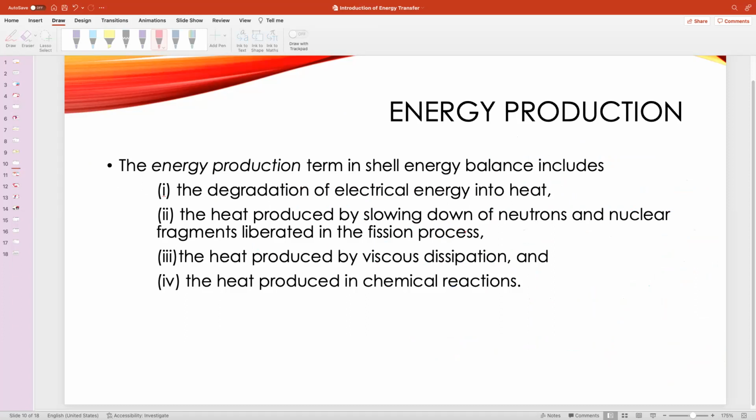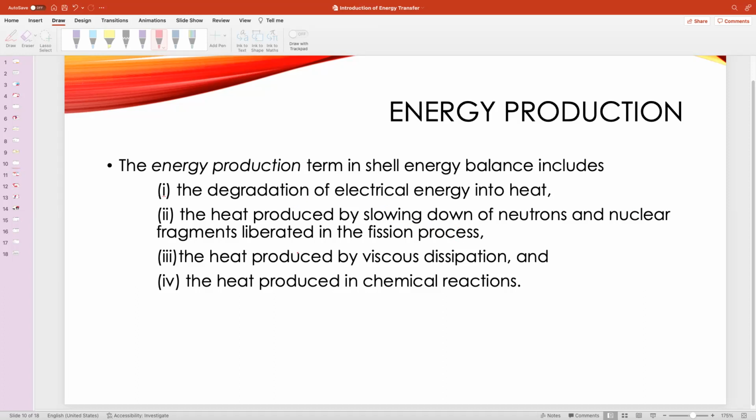If you have fluids, like lubricant, between two rotary equipment, and you rotate the parts, sometimes the fluid becomes hot. It's because of the viscous dissipation. That's also the same. If, for example, a fission process, a nuclear process, generates heat, the heat will be transferred in the form of conduction.